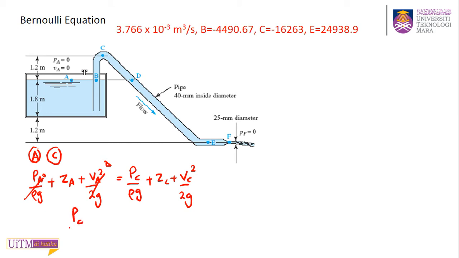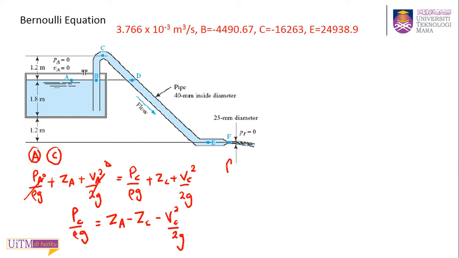So PC over rho G equals ZA minus ZC minus VC squared over 2G. Okay, so what is ZA? You take any reference point. If you take it from here, you need 1.8 plus 1.2.